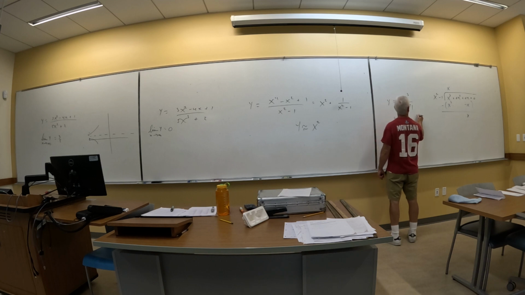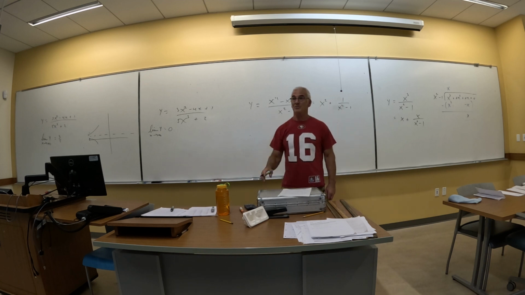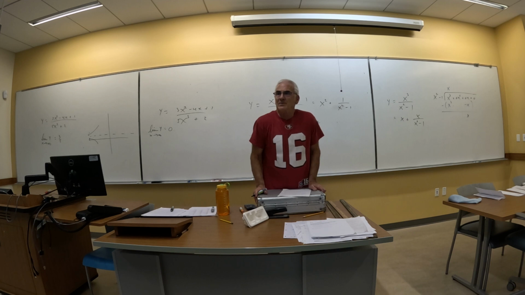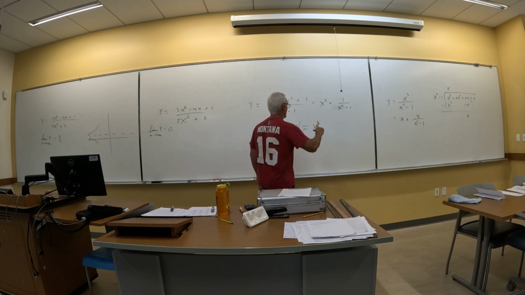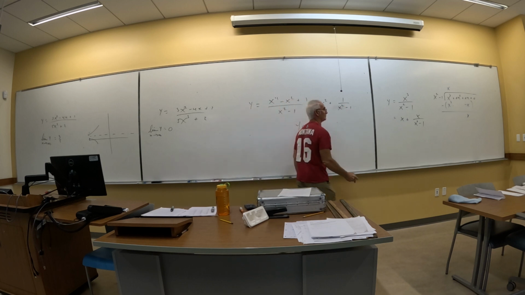x plus x over x squared minus 1. And if I put them all together, I'd get the same thing. Remember, you're done when your numerator is a smaller degree. Now, this is a very interesting thing. This function, because it equals this, we said it's asymptotic to this because that's a transient term.